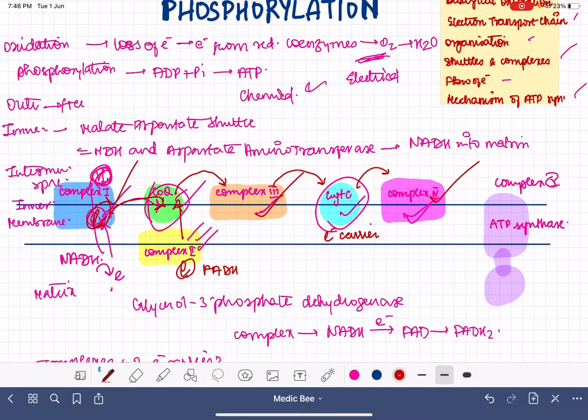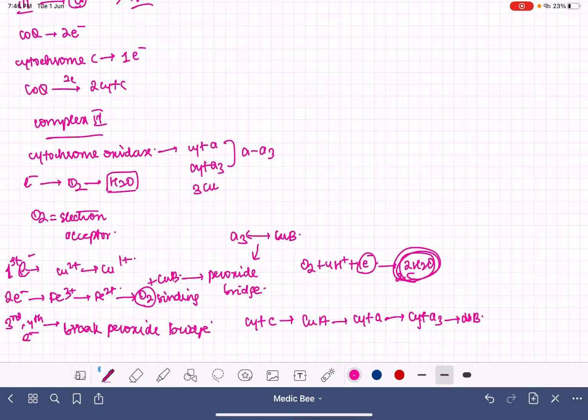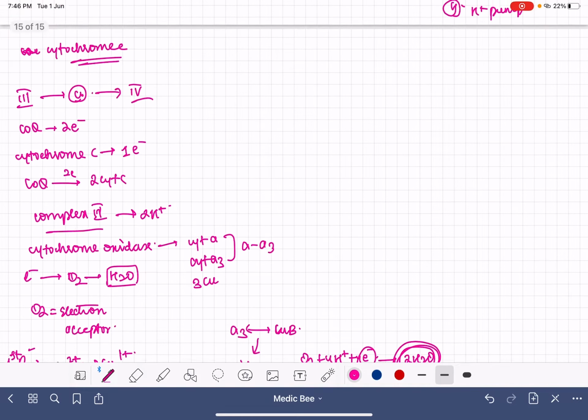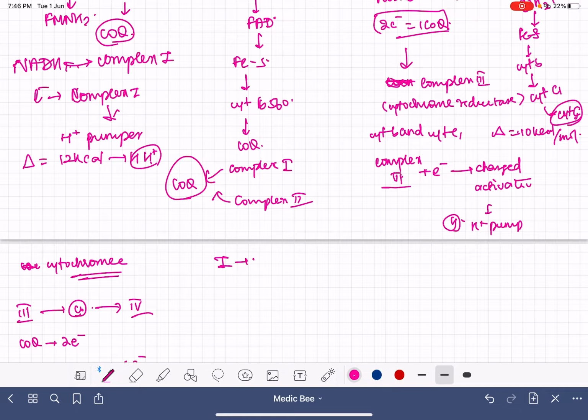Complex 1 will pump 4 protons, complex 3 will pump 4 protons, and complex 4 will pump 2 protons. Totally 10 protons are pumped across the membrane.